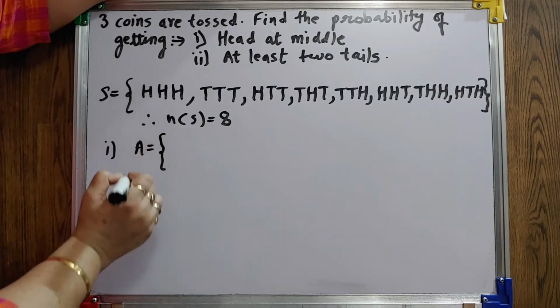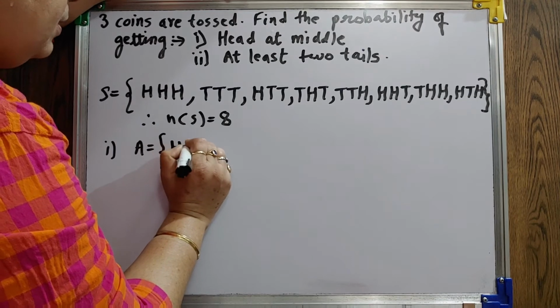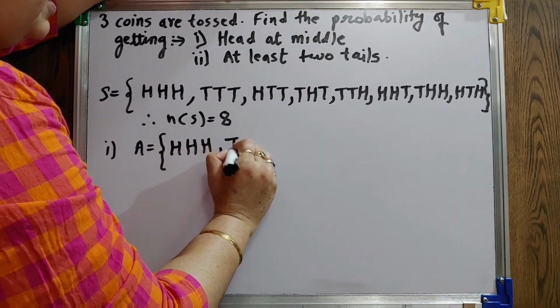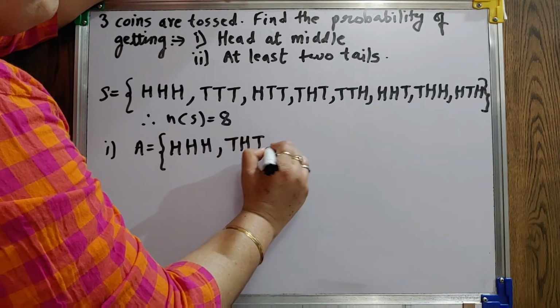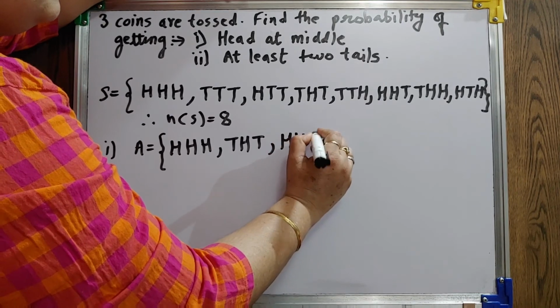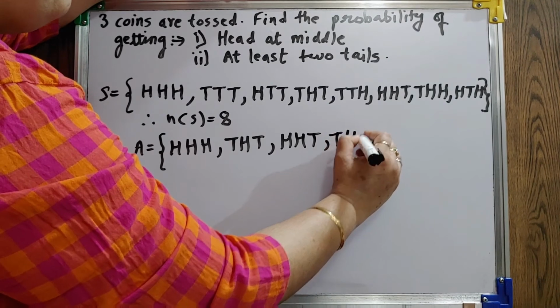Now, first one, head in the middle. In this, head is in the middle. Here, head is in the middle. Here also head is in the middle. Here also head is in the middle.